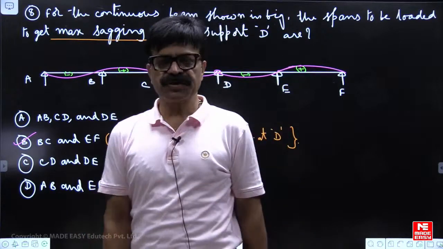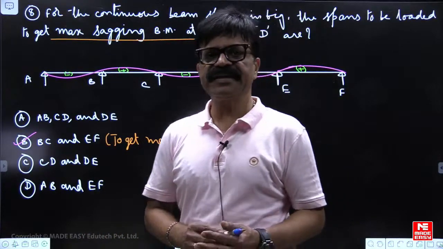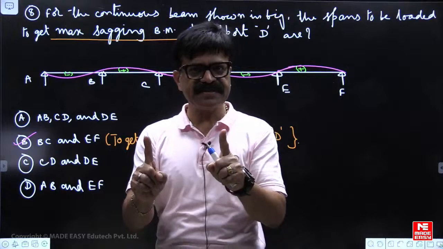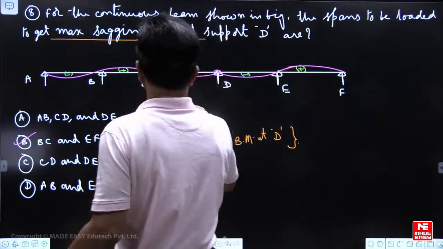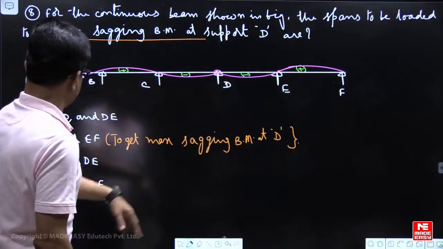If they ask you to get maximum hogging bending moment at D, what is the condition? You must load adjacent spans and alternate spans. So you must load AB, CD, DE.